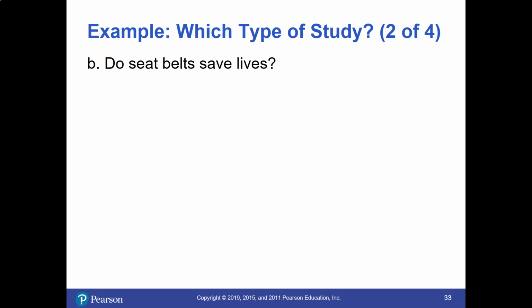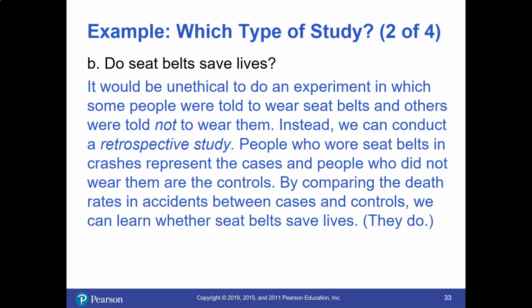So retrospective would make sense here. Again, it's unethical to tell some people to wear seatbelts and not to wear them. So you would want to conduct a retrospective study. And it turns out that in a study, you could compare death rates, and it learns that seatbelts do save lives.